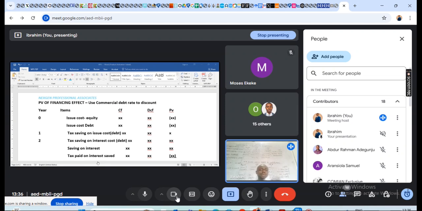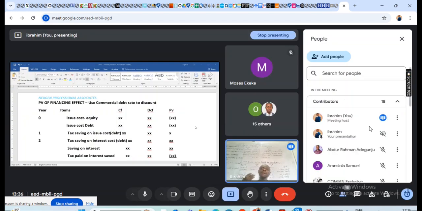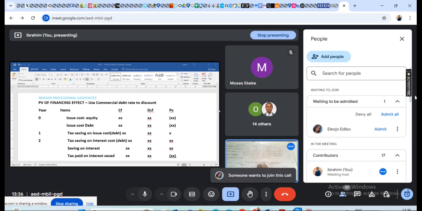Then, what will be the tax savings? Charge tax on it. Now, in every question, you will be told that the company paid interest in arrears, or the tax is in arrears, or the tax is being paid in the year in which the profit is realized, or they will give you an instance like that, right?